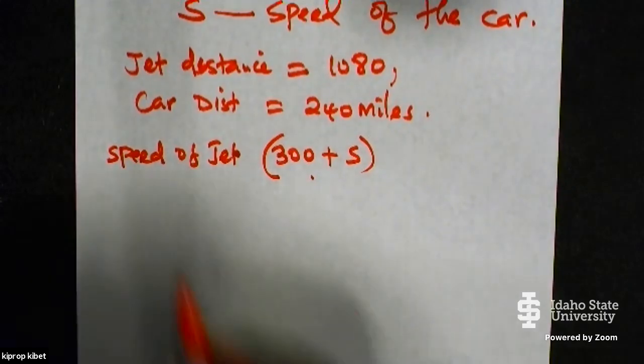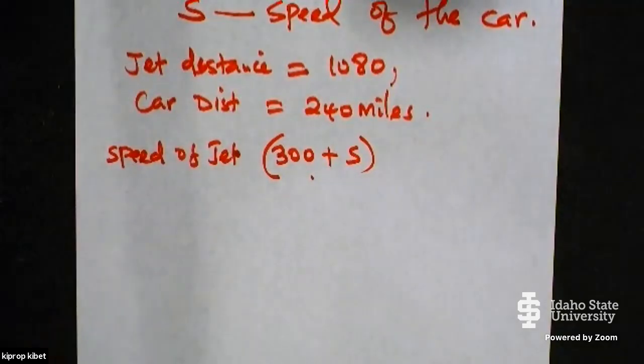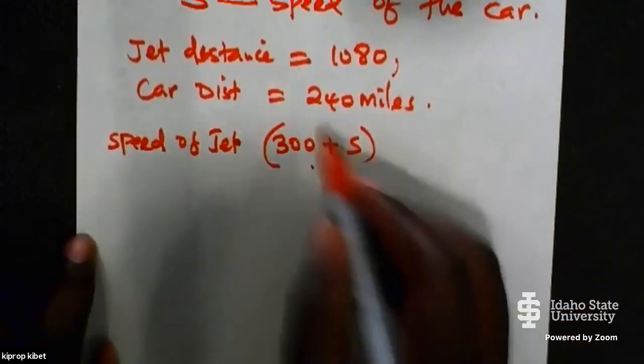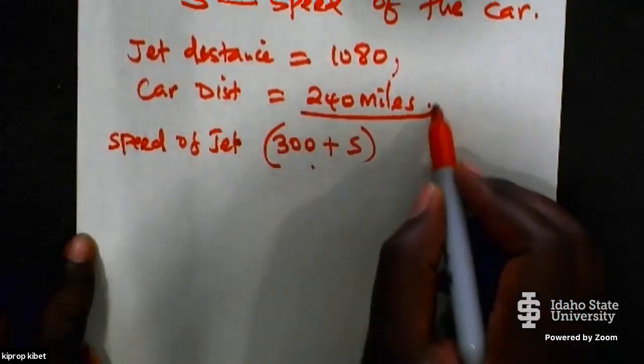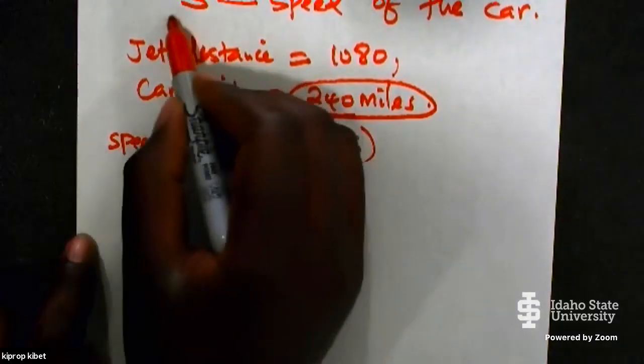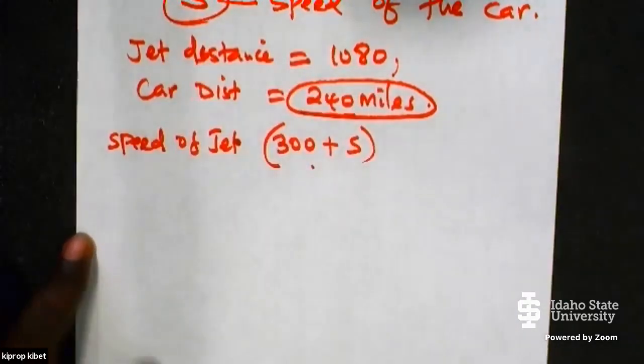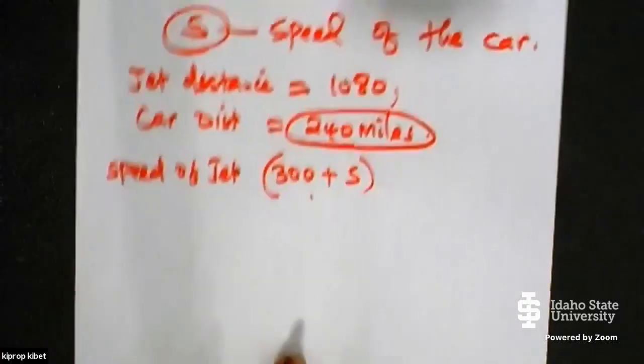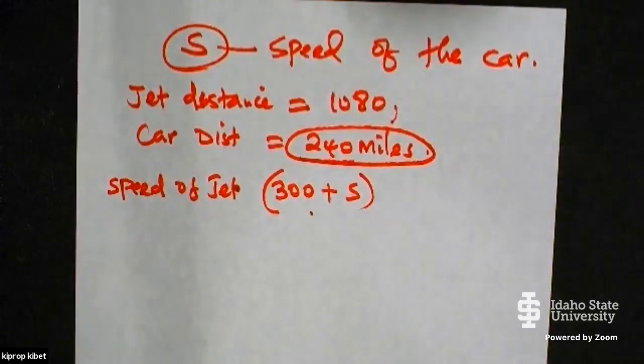So the car will take how many hours? We have the distance for the car as this, and the speed of the car is S. So what will be the time for the car?